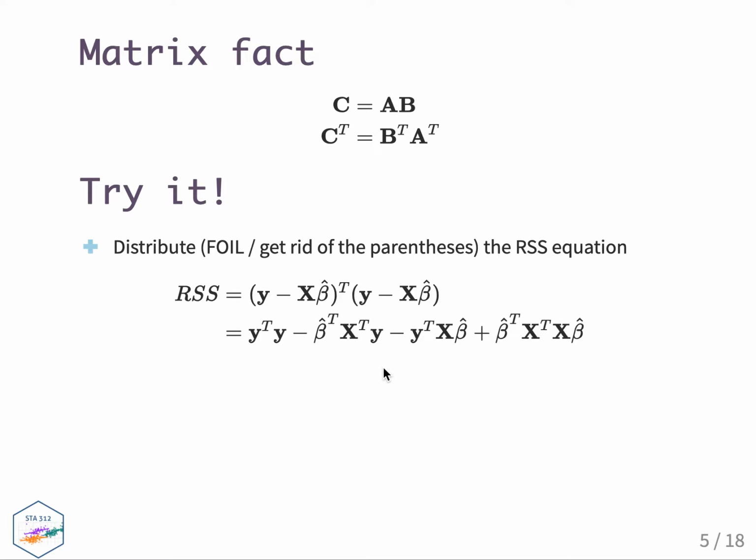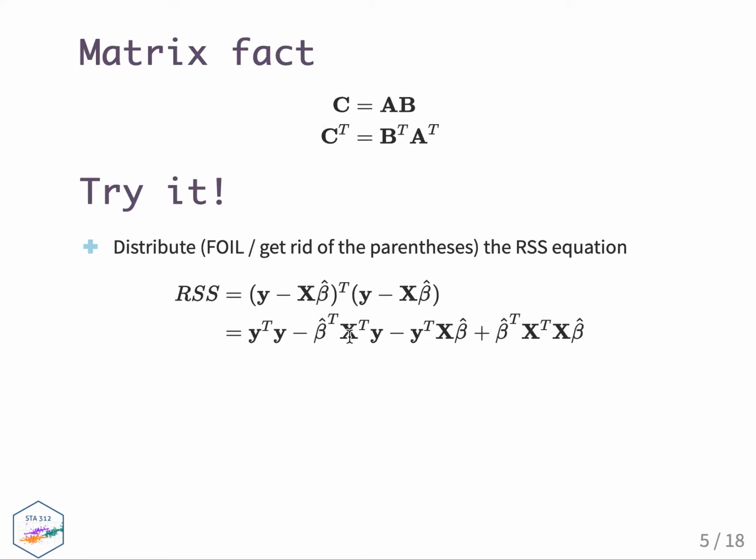Okay, so we're going to end up with y transpose y. That's when we multiply this y times this y here. We've got this transpose because this first part was transposed. And then we're going to have beta transpose x transpose y. So the order of these switched when we distributed this transpose, just like this matrix fact up here.